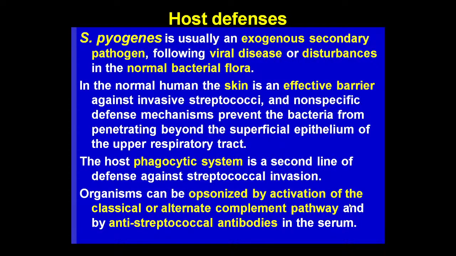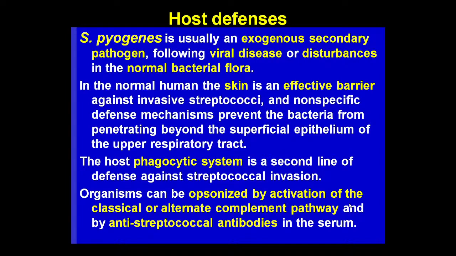So how does the body defend itself from streptococci? Streptococcus pyogenes usually causes exogenous infections following viral diseases or disturbance of the normal flora. In a normal human, the skin is a very effective barrier.